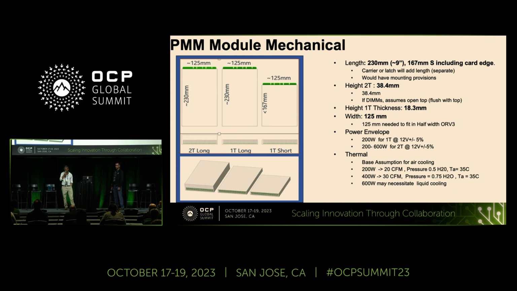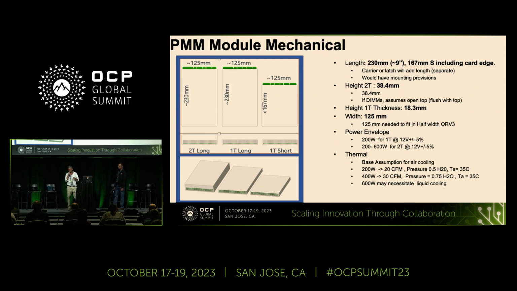One is the longest one, on the left-hand side, the long depth, called 2T, 230 millimeter or 9 inches. This should accommodate your standard RDIMM, the ASIC, and the power required for that, and we should be able to give capacity from 2 terabyte to 4 terabyte, depending upon the module density.